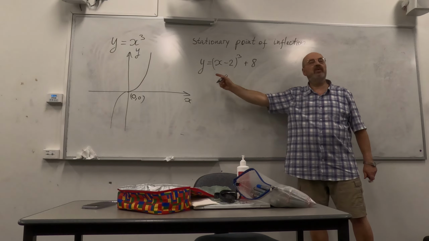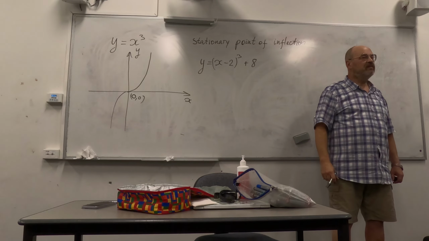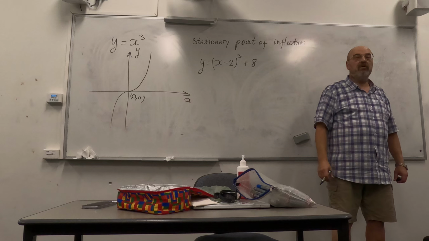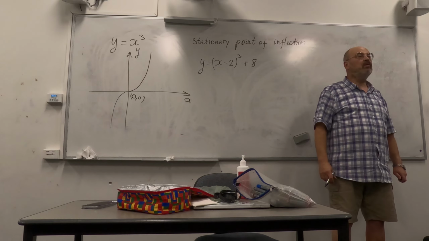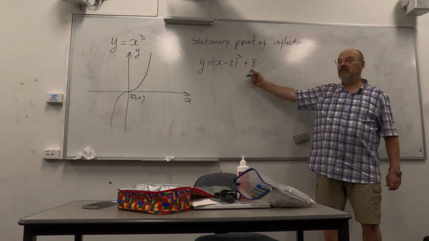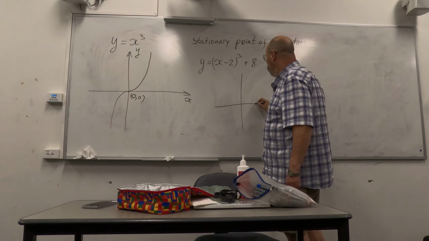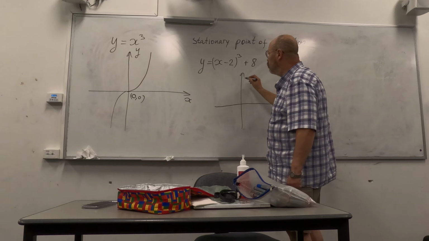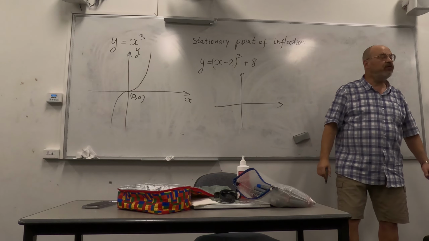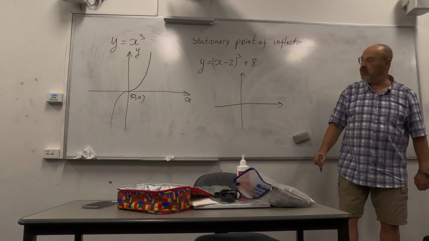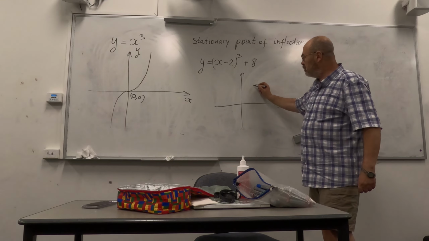What will this do with this graph? The whole graph will move 2 to the right and 8 up. Now to sketch the graph, what we need to find first is the point of inflection, which will now be (2, 8).